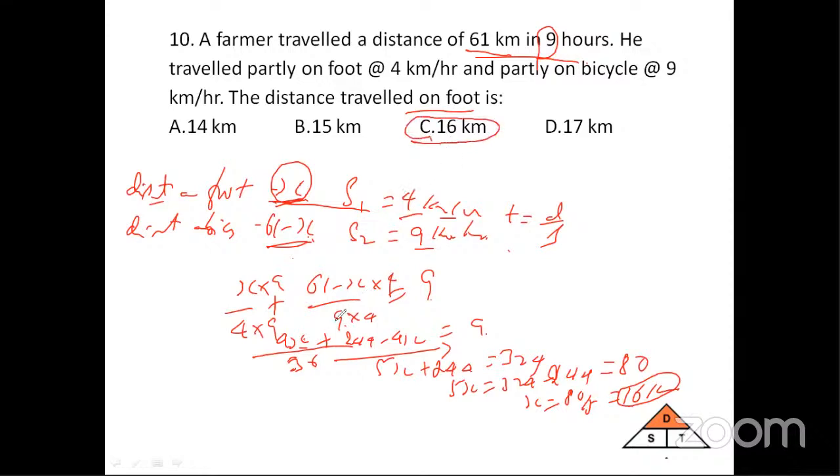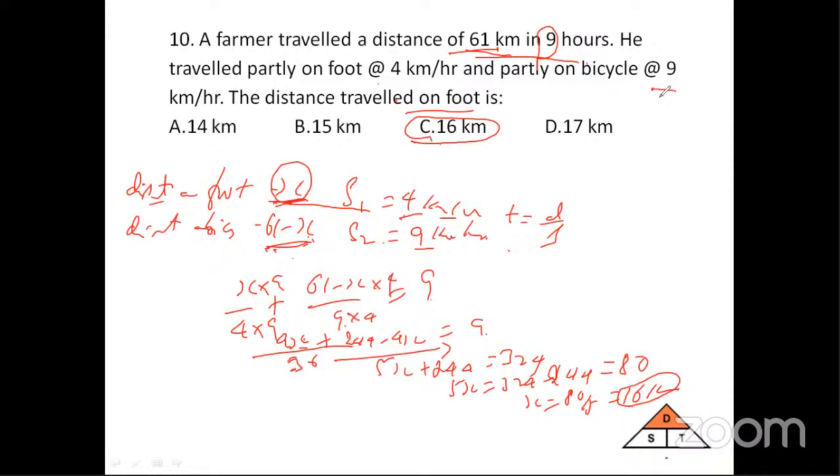Okay, I'll repeat it once again just in case there was any confusion. Have a look carefully. He traveled partly, which means some distance. We don't know how much distance, so we are keeping x, and speed is given as 4 kilometers per hour. Same way for the bicycle, 61 minus x. Why are we taking 61 minus x? Because it is told already that total distance is 61. So the bicycle distance will be 61 minus x.